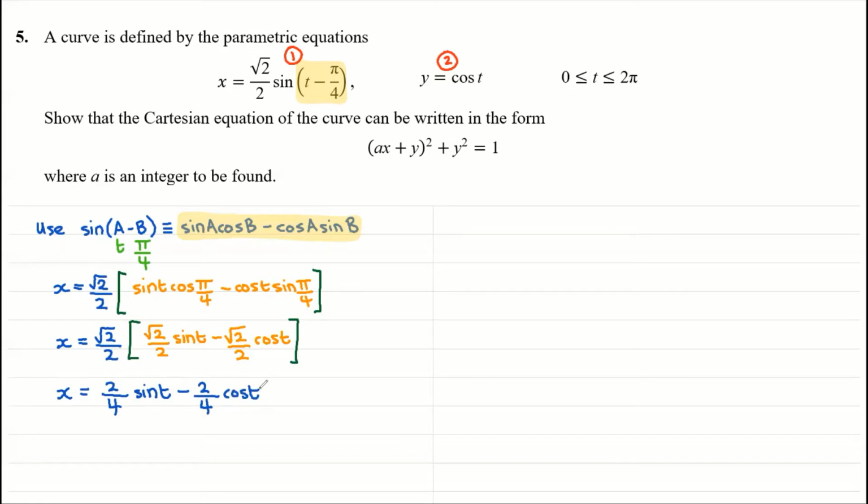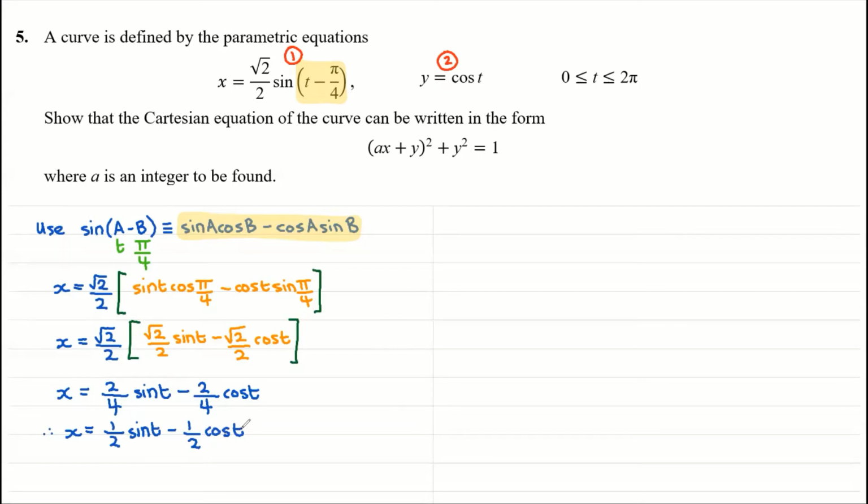Now, obviously, 2 over 4 is just going to simplify to a half. So therefore, we're going to have x is equal to 1/2 sine t subtract 1/2 cos t. Right. So you can just pause there for a second.